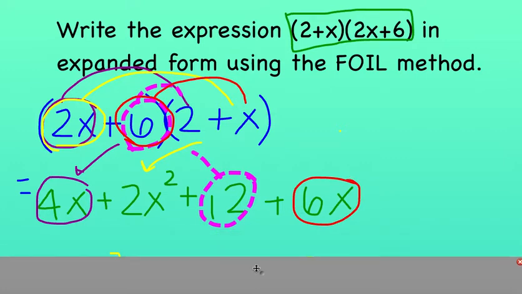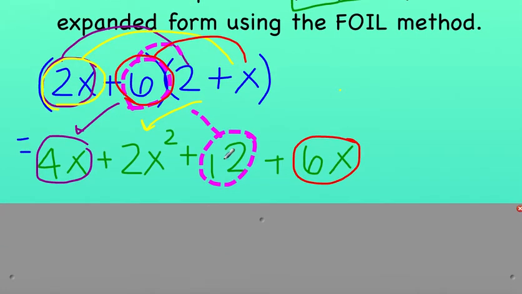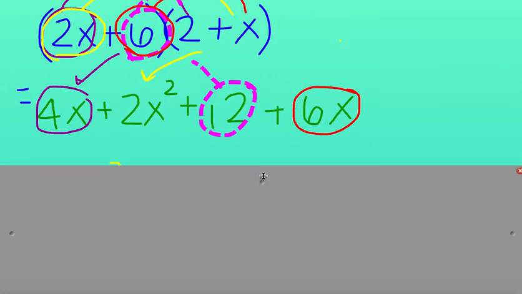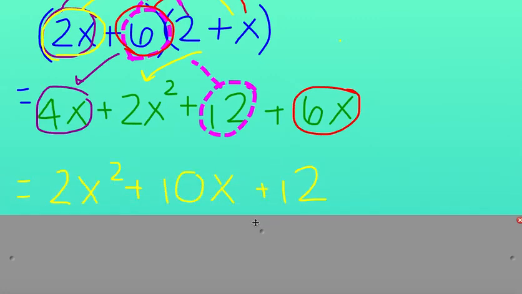So now once we have all of our terms, we should have 4 terms total, we want to rearrange and combine like terms. So we have a 4x and a 6x, which is going to give us our 10x, which is good. We put our 2x squared out front since 2x squared has the highest power of 2, so that's going to stay out front.